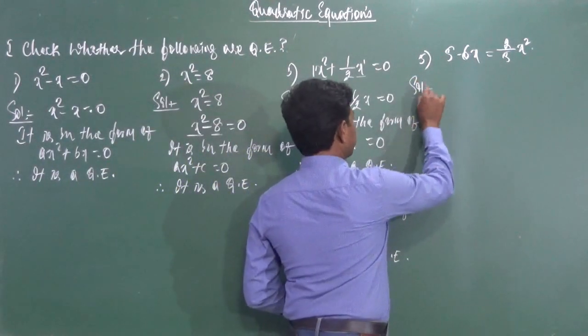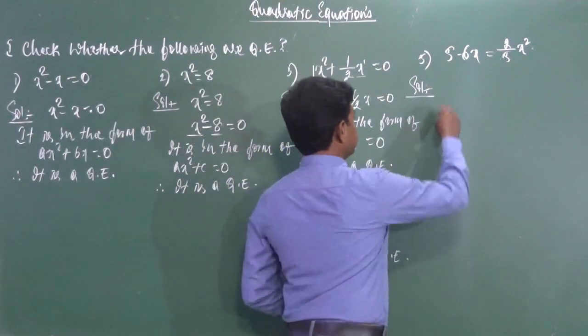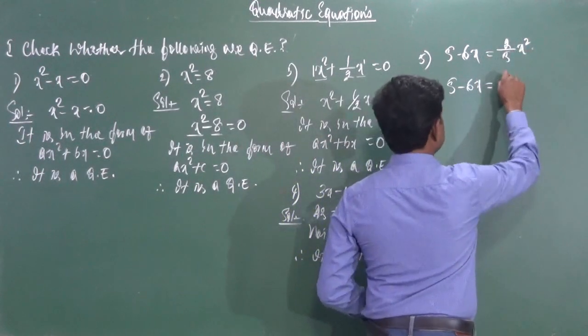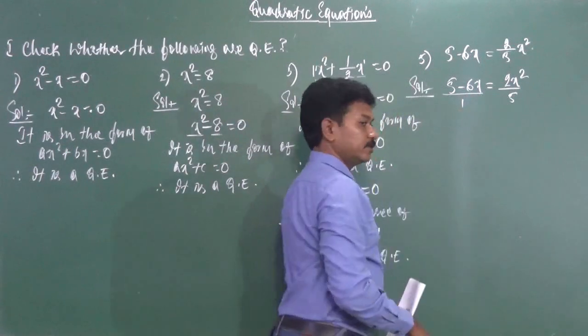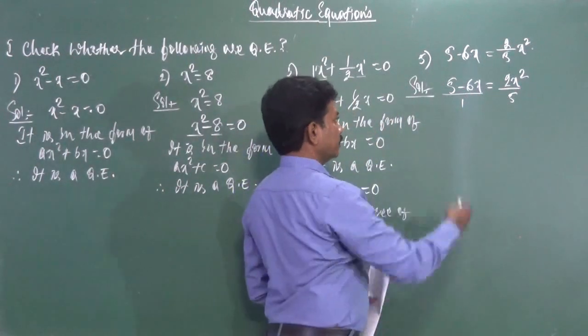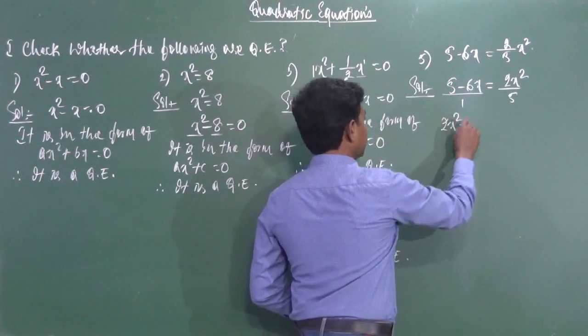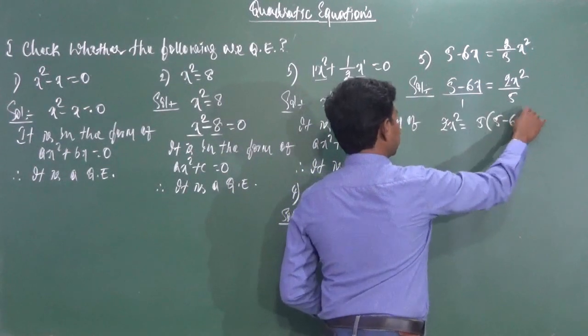The procedure is very simple, and it is very important. 5 minus 6x is equal to 2x square by 5, and the 1 is in the denominator, so we can go with cross multiplication. 2x square into 1 is 2x square is equal to 5 into 5 minus 6x.